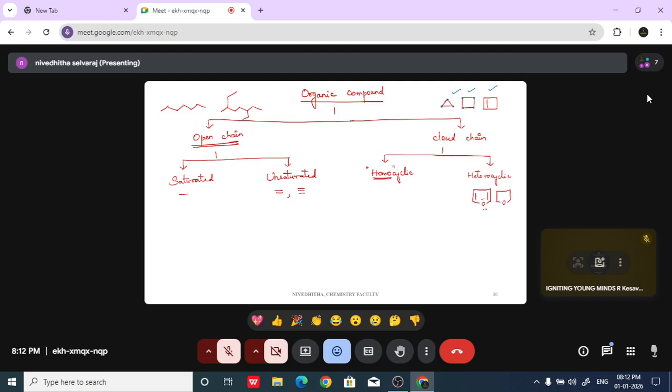Here, this is a 5-member ring, but this 5-member ring has 4 carbon atoms and 1 oxygen atom. So it is a heterocyclic compound. Okay. Again, homocyclic compounds are classified into two types. One is aromatic compound, and another one is alicyclic compound.